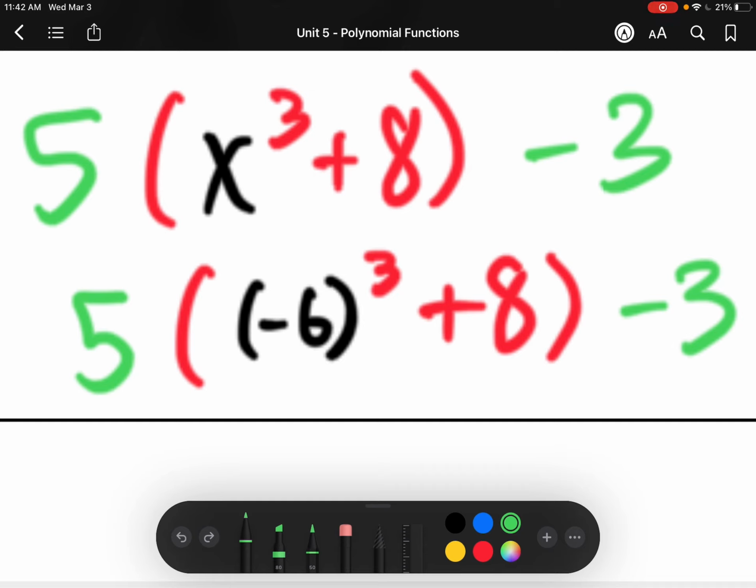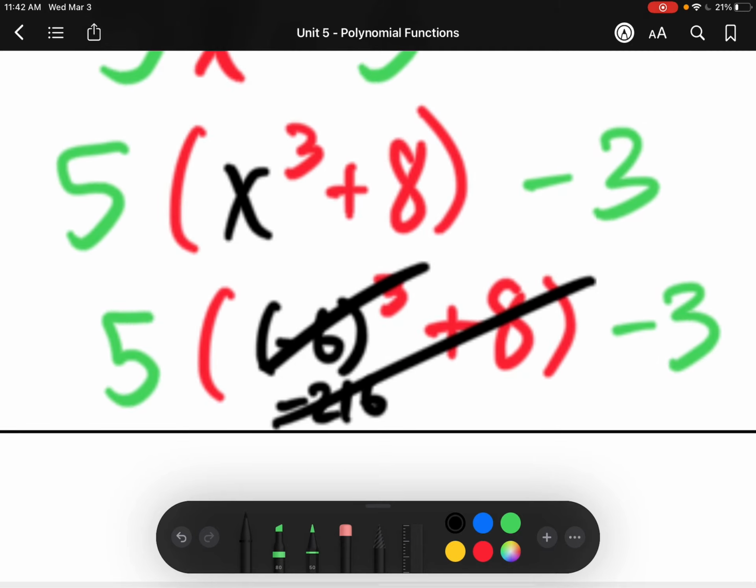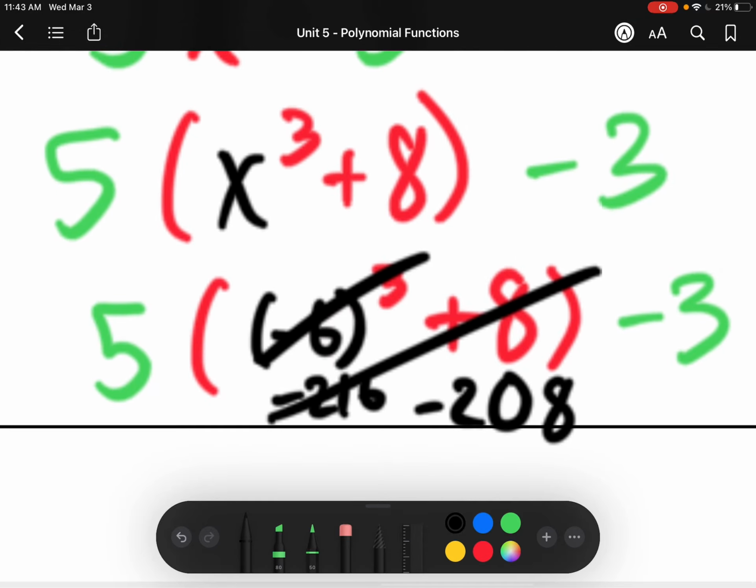So first we have negative 6 cubed. Negative 6 cubed is negative 216. So I have negative 216 plus 8, which is negative 208. So negative 208 times 5.